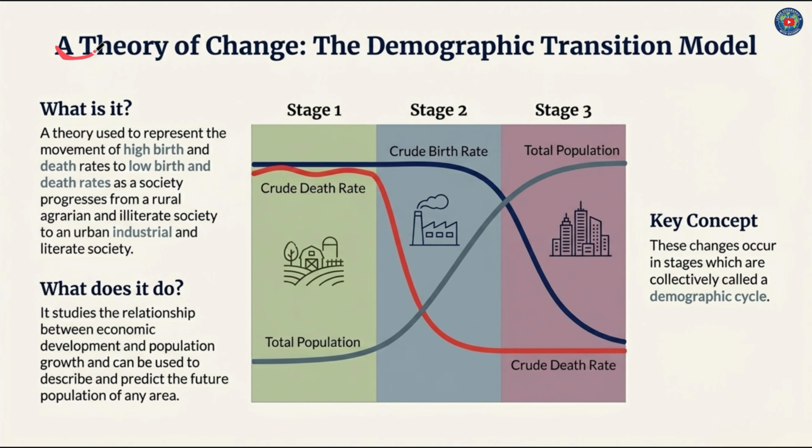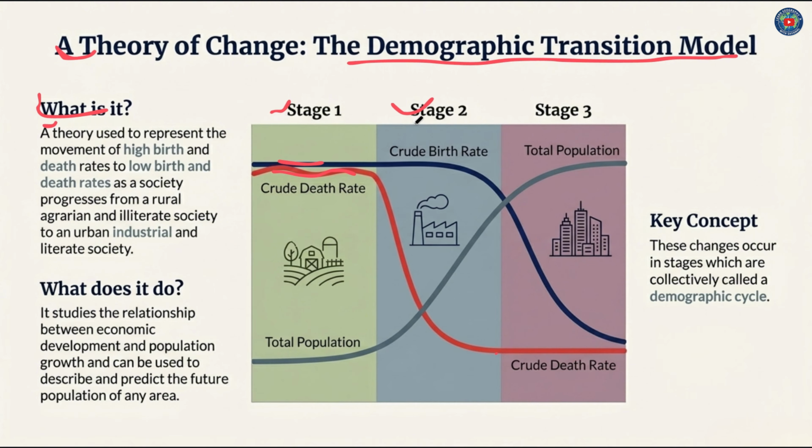Okay, a theory of change, the demographic transition model. What is it? A theory used to represent the movement from high birth and death rates to low birth and death rates as a society progresses from a rural, agrarian, and illiterate society to an urban, industrial, and literate society. What does it do? It studies the relationship between economic development and population growth and can be used to describe and predict the future population of any area. In stage 1, crude birth rate is high and crude death rate is also high.